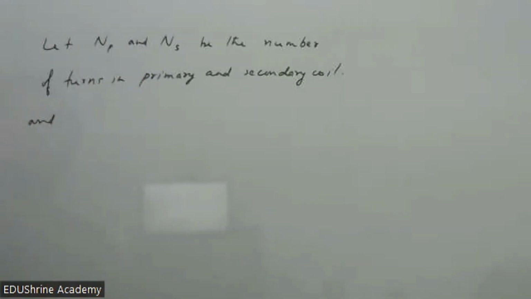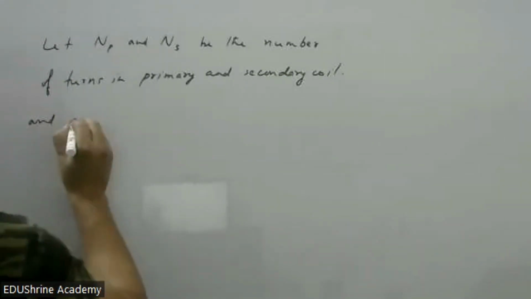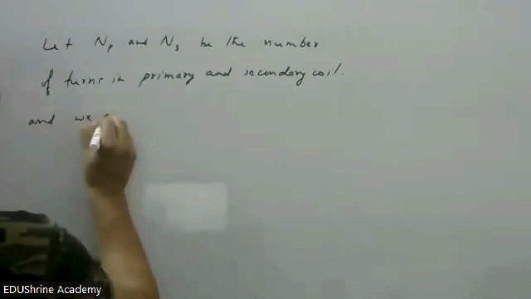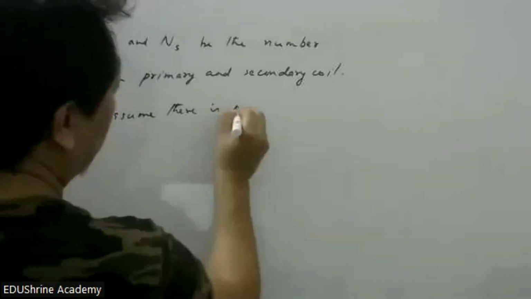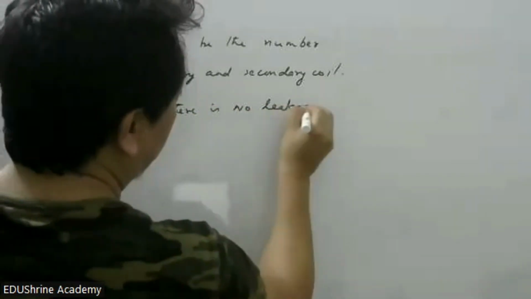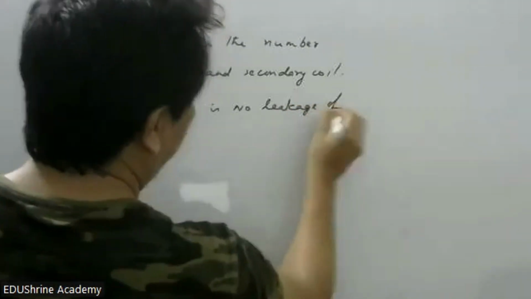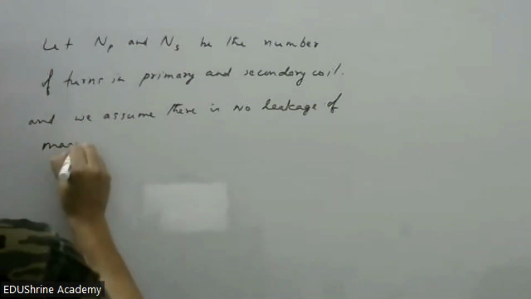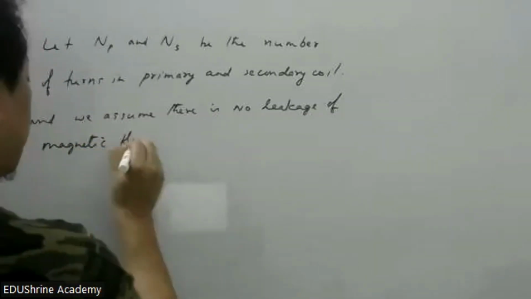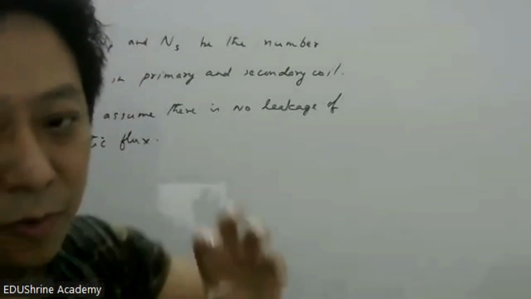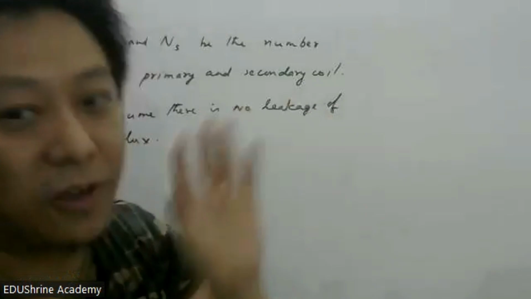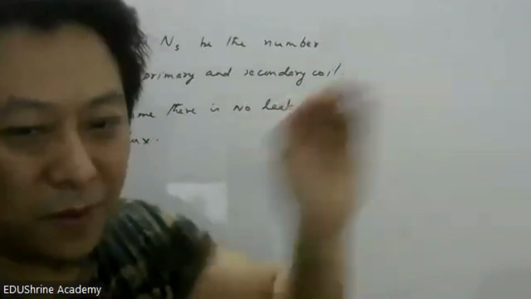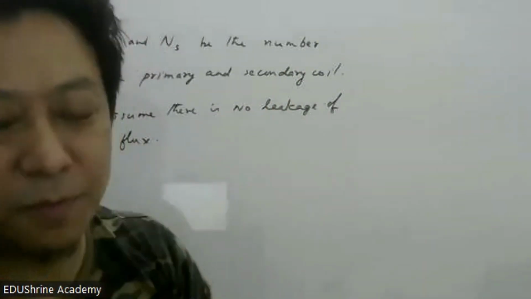And we assume there is no leakage of magnetic flux. This is an assumption, okay? It's not a very bad assumption because we are using soft iron. Most of the lines will be concentrated in that only. One or two may escape here and there, but that is negligible.